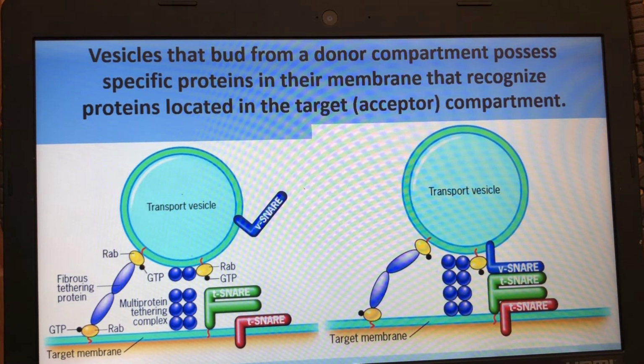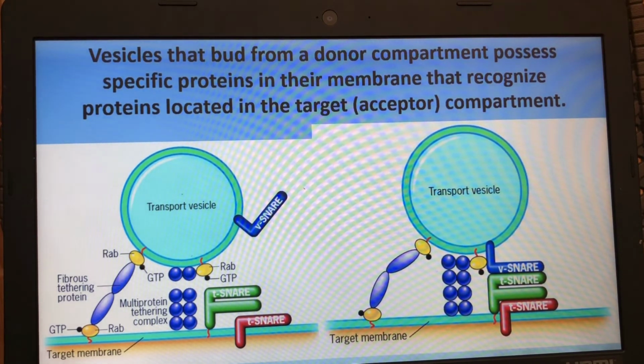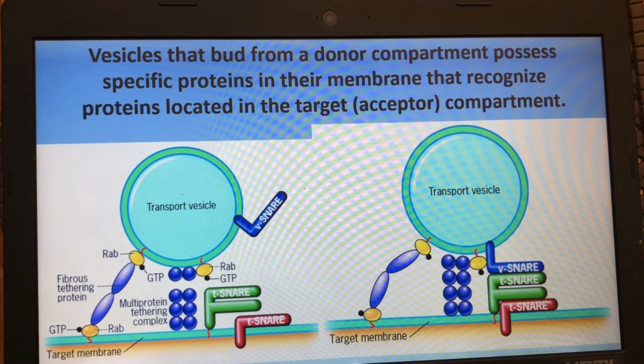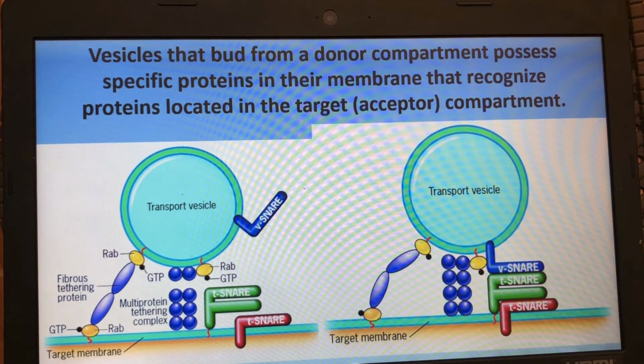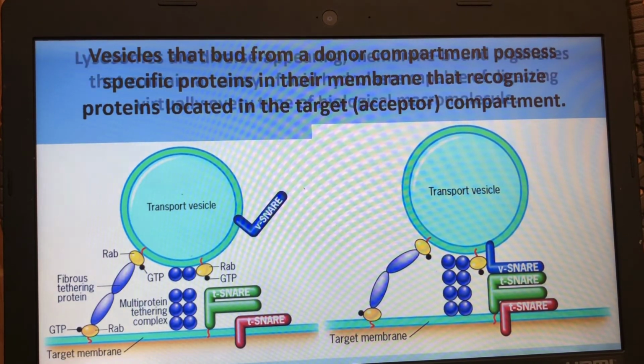In the case described in the text, SNAP25, one of the t-SNAREs, is a peripheral membrane protein that is bound to the lipid bilayer by a lipid anchor rather than a transmembrane domain. So SNAP25 contributes two helices to the four-helix SNARE bundle. So these are the proposed steps in the targeting of transport vesicles to target membranes.